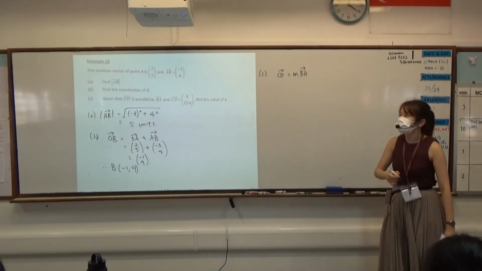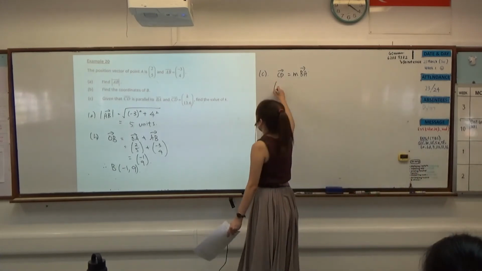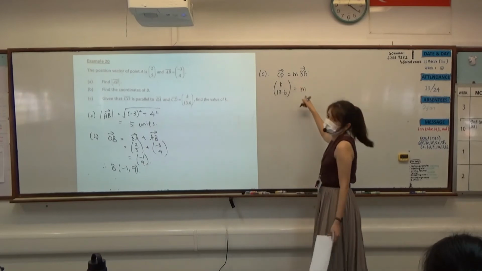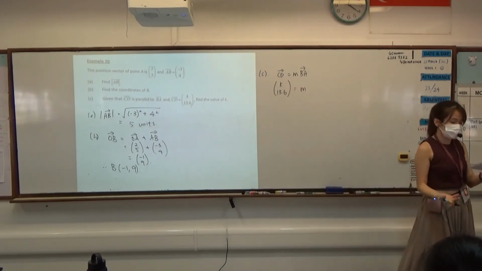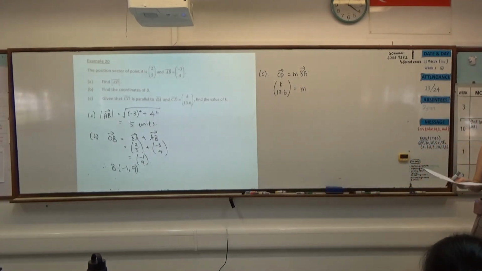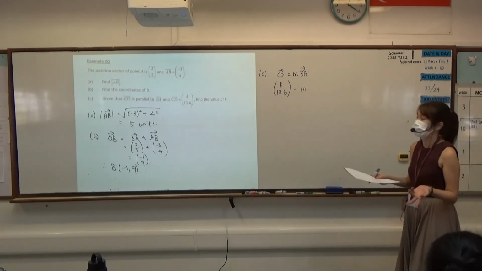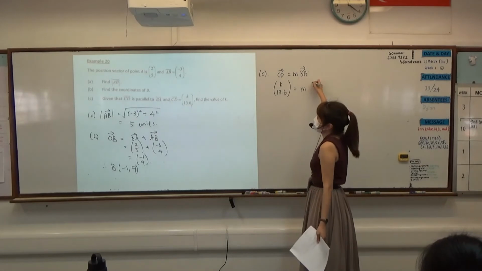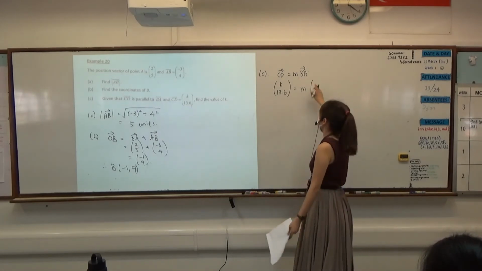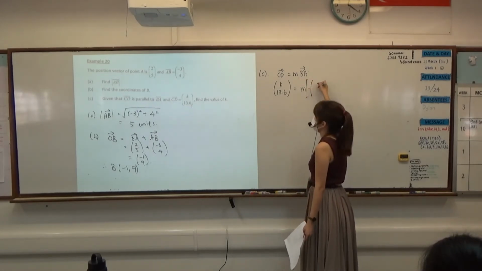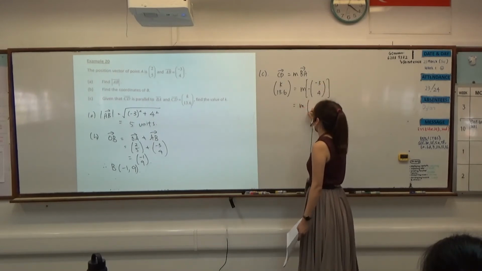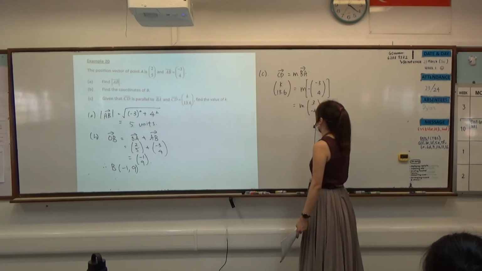So the question gave us that CD is K, 13.6. M is a scalar number that I anyhow introduced. You can choose M, or A, B, C, any letter also can, as long as it's not K. So M, then BA will be the negative of AB, which essentially is 3, negative 4.